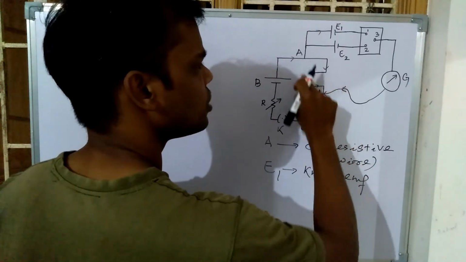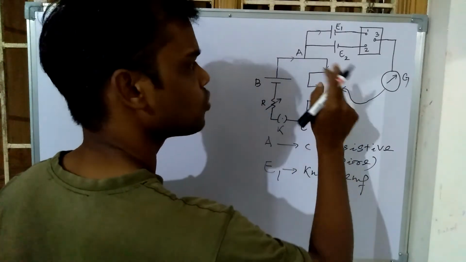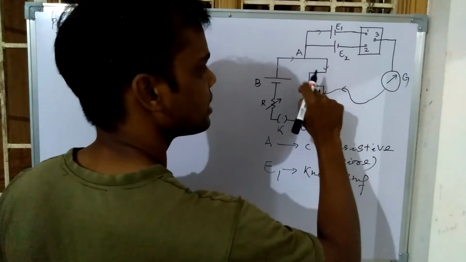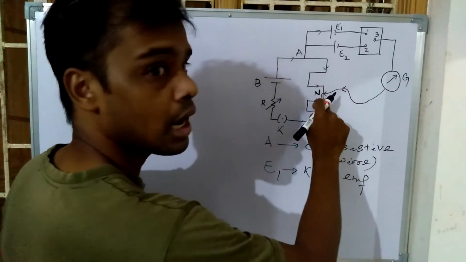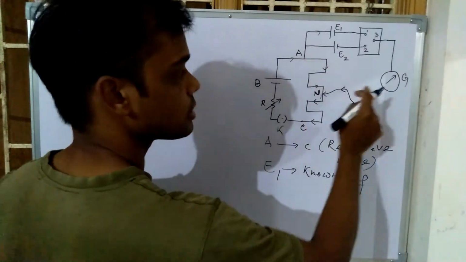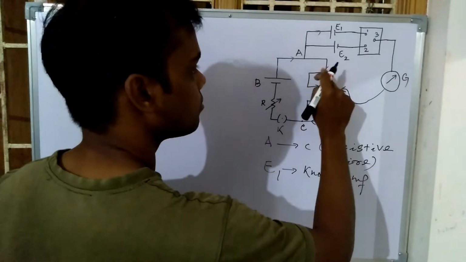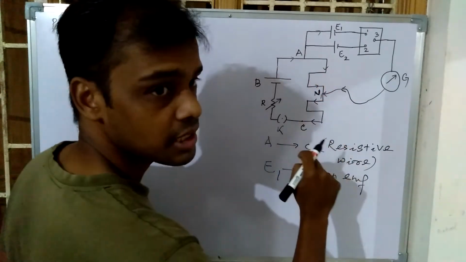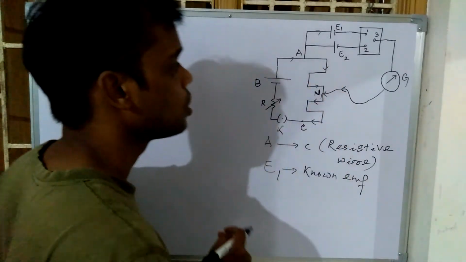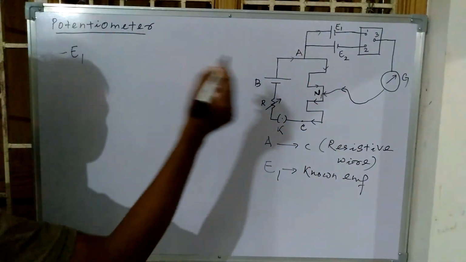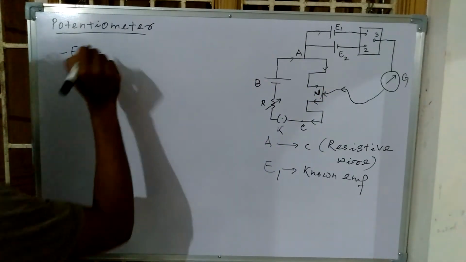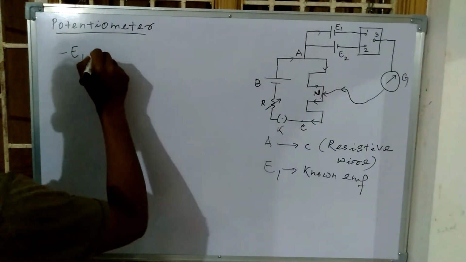So here we do not know what is the value of this current, but we can simply say that this current is opposing our loop current, because our loop current is going like this, but this current is already coming in the opposite direction. That means it opposes. So I will write opposes means minus. First of all, minus.